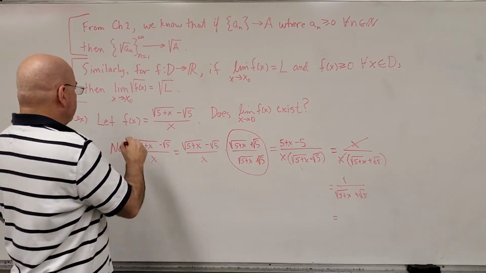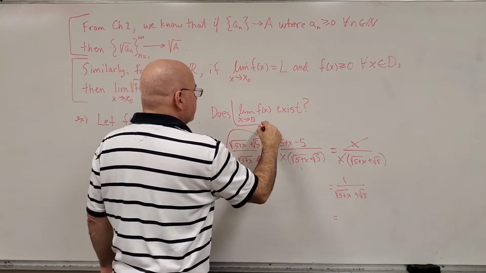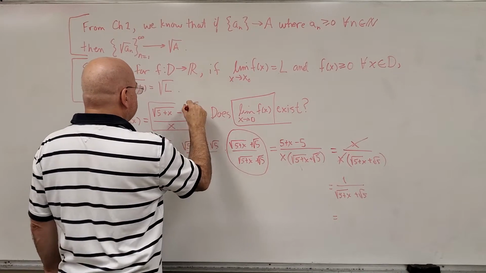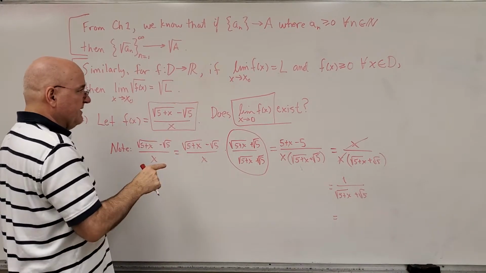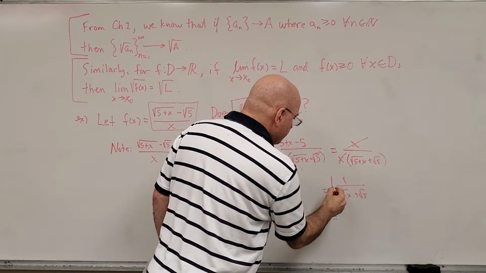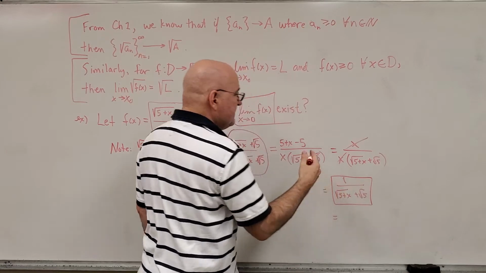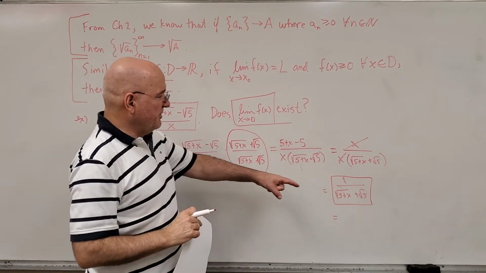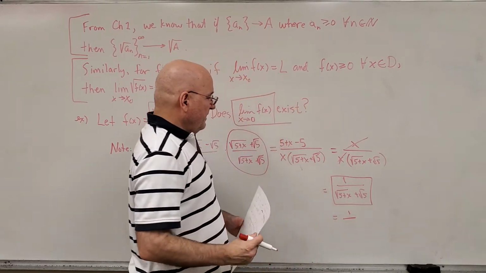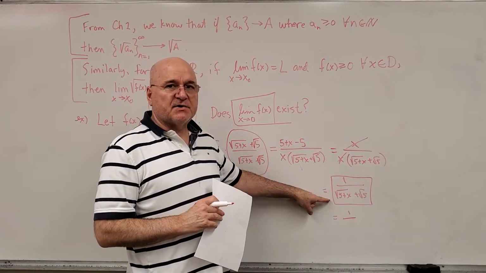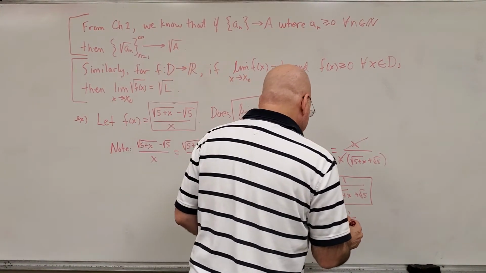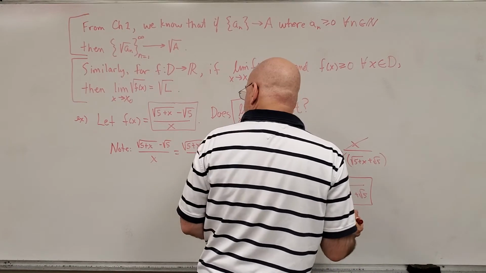Therefore, the limit as x goes to 0 of f of x is equal to the limit as x goes to 0 of this expression, which is the limit of the top, a constant 1, over the limit of the bottom function, which is radical 5 plus radical 5.